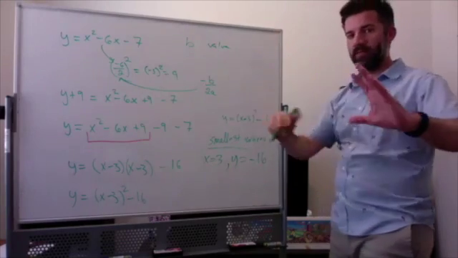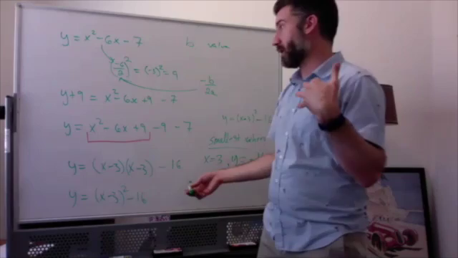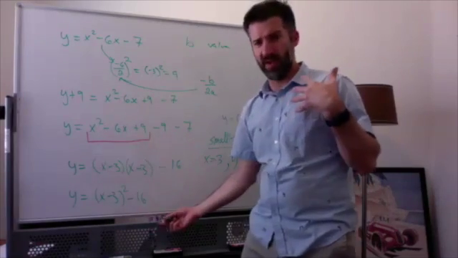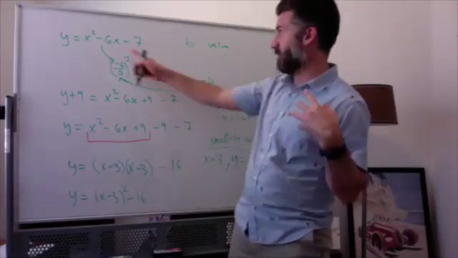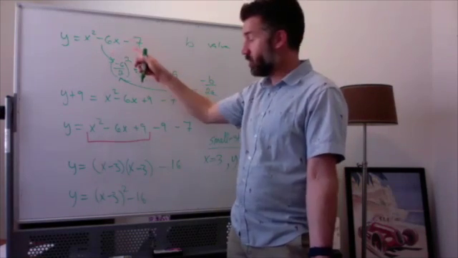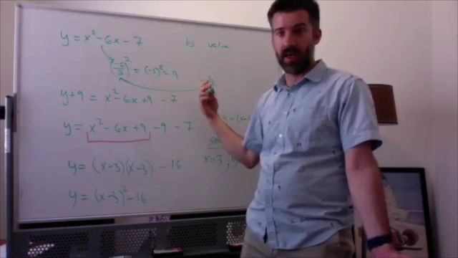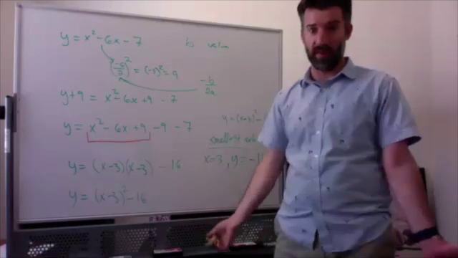So let me sum up here real quick before we graph this thing. I don't want you to do this every time, because one, if this number isn't even, it's a lot messier of a process, and two, it's just faster to do it the other way. So you can always say, okay, I'm going to get the x coordinate by doing negative b over 2a.